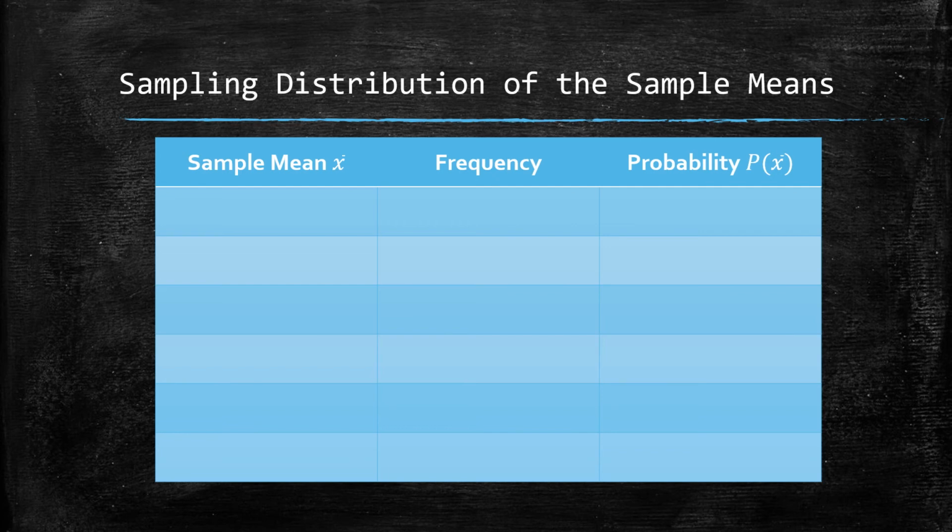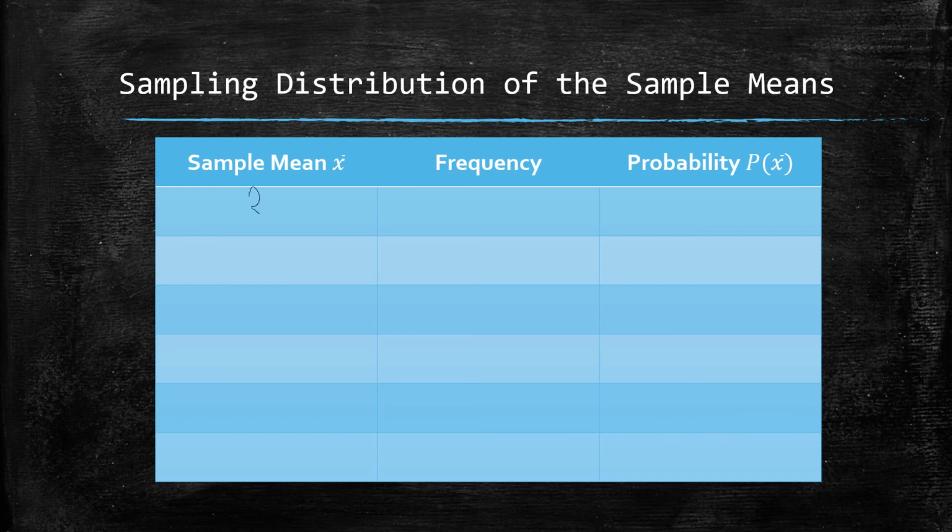Let's now write it in the first column. You're going to write it once, but if that sample mean appeared twice, you're going to write the frequency 2. If it appeared thrice, you're going to write the frequency 3. We're going to write in ascending order.